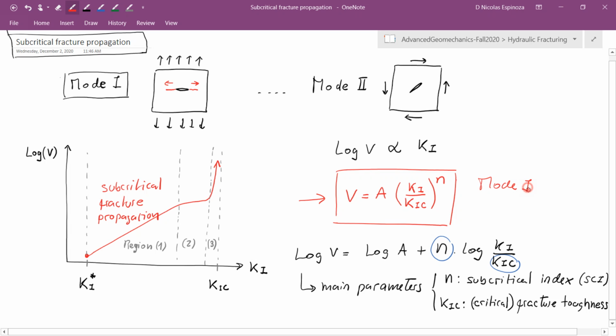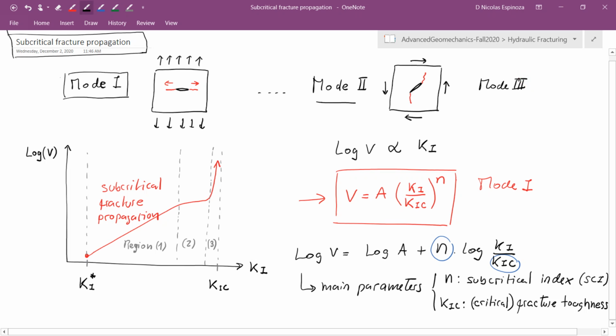Similarly, you could have similar equations, and of course the proportionality values are going to be different, the toughness is going to be different, but you could also have these cases for mode 2, in which you would have a fracture that will grow in this direction, not in the plane of the original flaw, because this one is caused by shear, and also you could have the extension to mode 3.